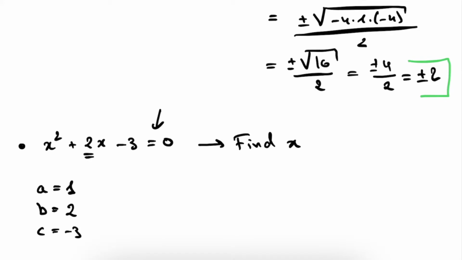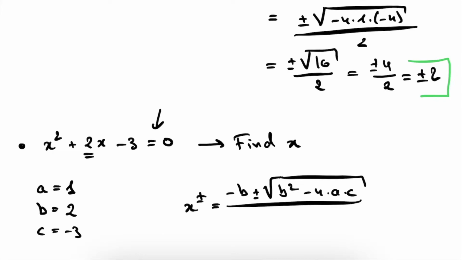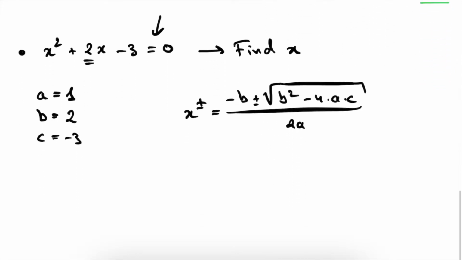Again, we can fill in our general form. X is minus b plus minus the square root of b squared minus 4 times a times c divided by 2a. And this, unfortunately, is indeed a formula that you have to learn by heart. So we can now just fill these in.